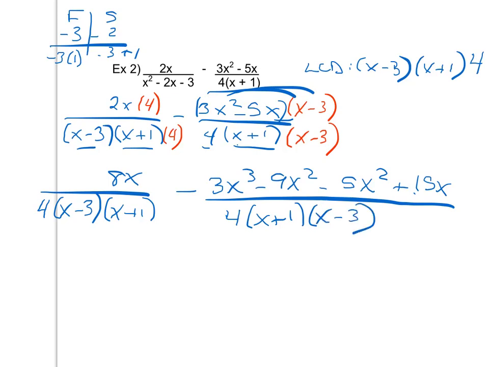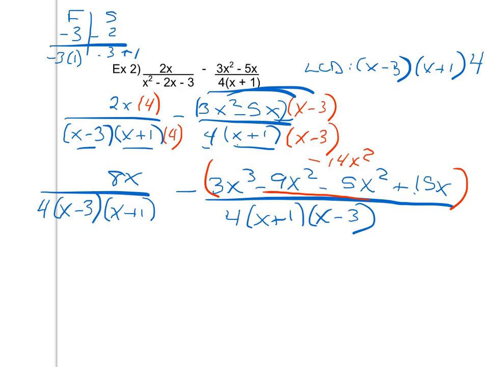So now here's where I said you have to be really careful with subtracting. With subtracting, I have to recognize that I am subtracting this entire piece, not just the 3x cubed. This whole function is being subtracted. So here's what I'm going to do. I'm going to go ahead and say that minus 9x squared and minus 5x squared is minus 14x squared.